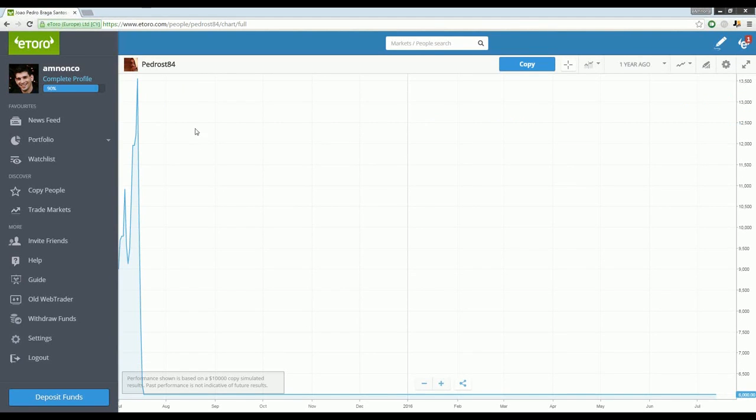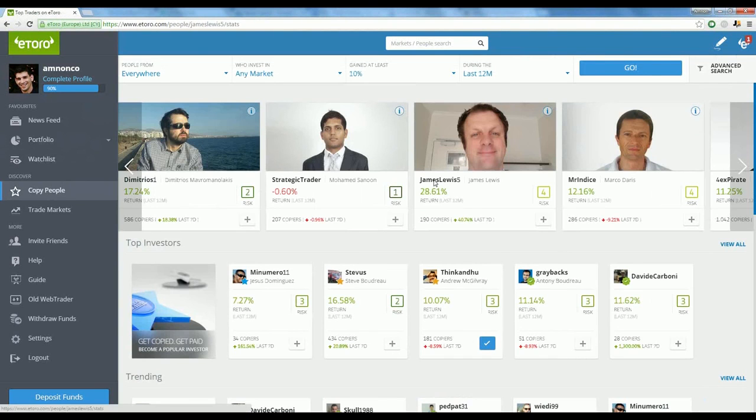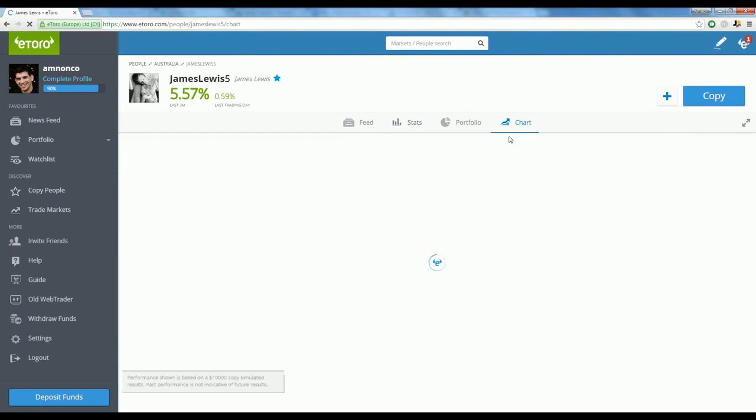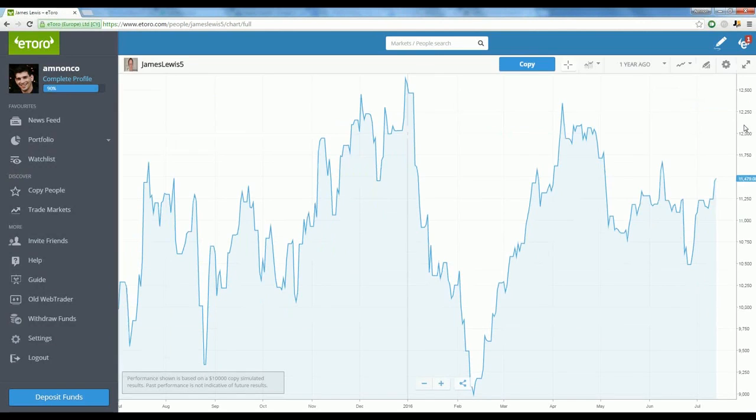What else can you do with this chart? Since we're using our chart platform, I can use it to do some pretty cool stuff. I'll find someone who has decent returns, like this guy again. This is James Lewis's return in the past year.